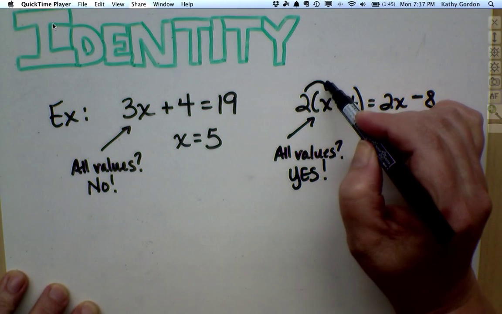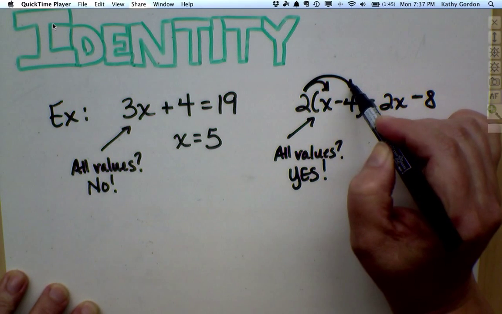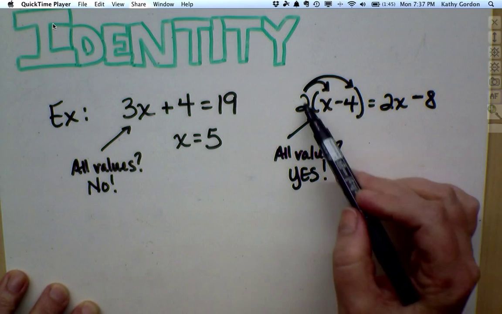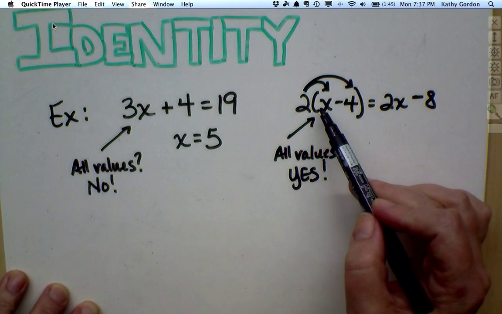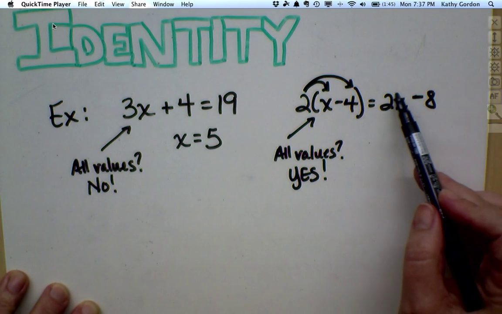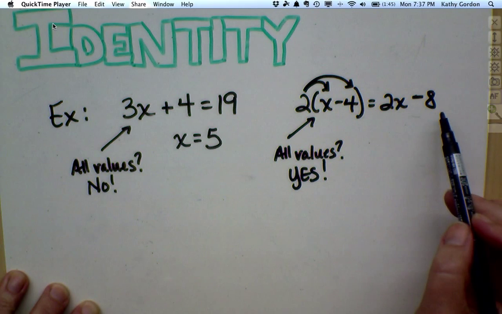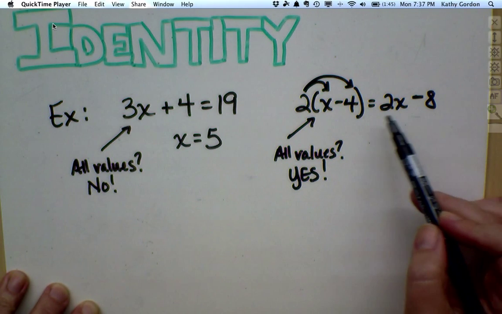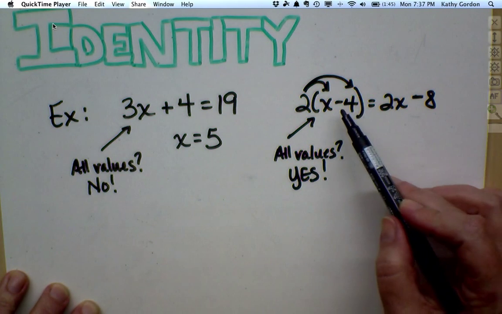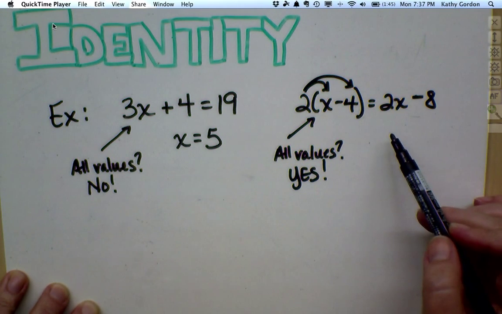And I think you can probably see why. We know that if I distribute the 2, I get 2x minus 8. So I have one form of the statement here, and I have another equivalent form of the expression here. And no matter what I put in for x, these two sides are always going to be equal to each other.